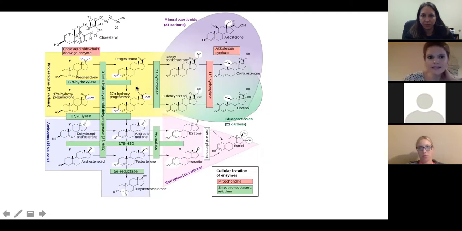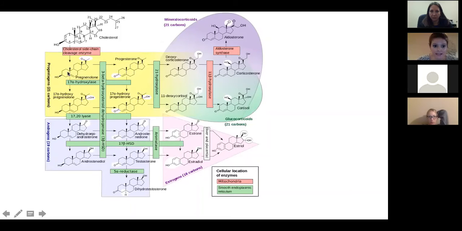So what we see in the yellow is all of our progestins. So these are our progesterones, being the one that everybody really knows about more. We have our androgens, with testosterone being the one that most people are the most familiar with.